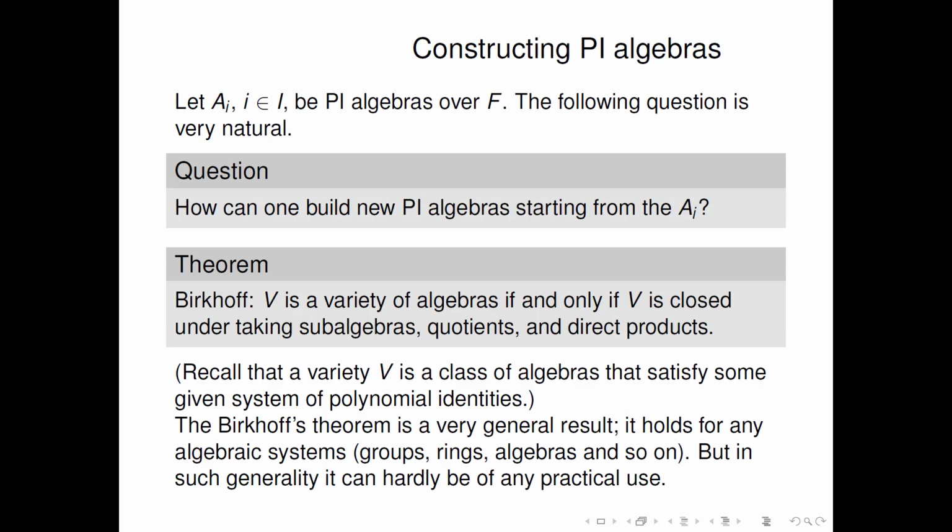Okay, the well-known theorem due to Birkhoff states that, first, a variety of algebras means all algebras that satisfy some given system of identities. It might be algebras, groups, anything. And a class V is a variety if and only if it is closed under subalgebras, factors, and direct products, possibly infinite.